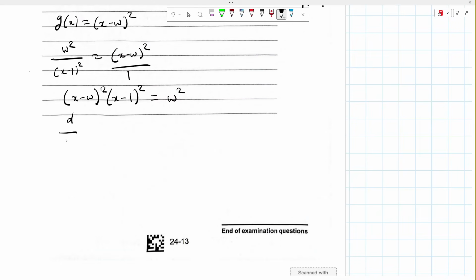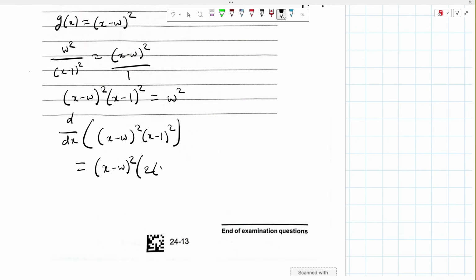So let's take a derivative. So product rule, that's going to be first function times the derivative of the second function plus the second function times the derivative of the first function. So we can clean this up a little bit.